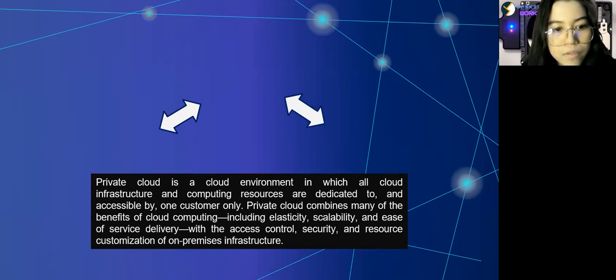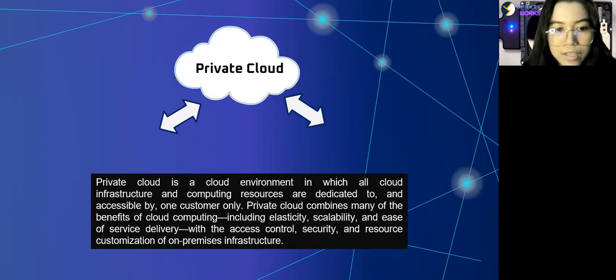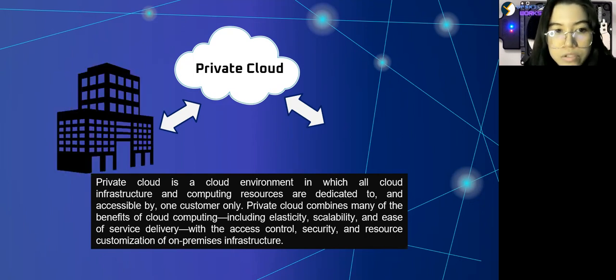Okay, so another type of cloud computing is the private cloud. Private cloud is an environment in which all cloud infrastructure and computing resources are dedicated to and accessible by one user or customer only. It combines many benefits of cloud computing, including elasticity, scalability, and ease of service delivery, with the access control, security, and resource customization of on-premises infrastructure.